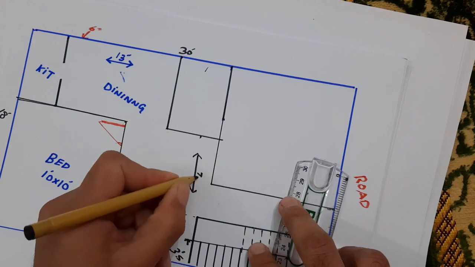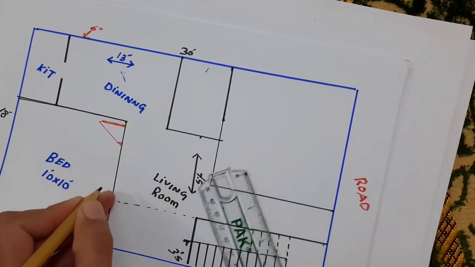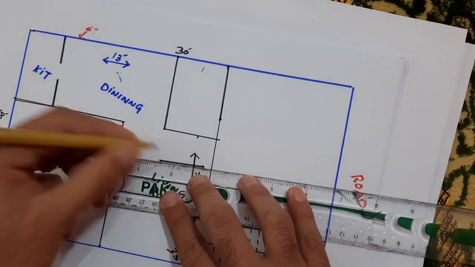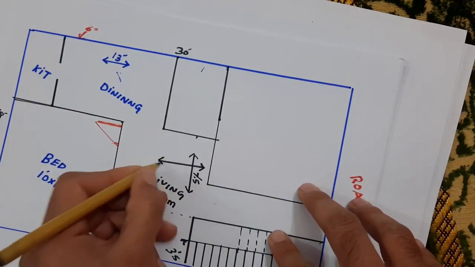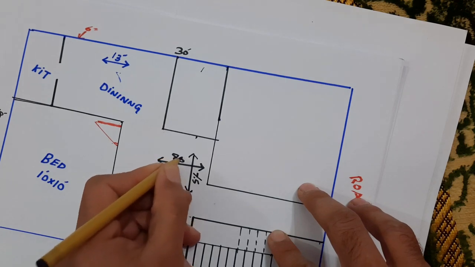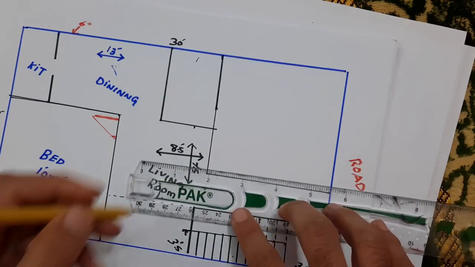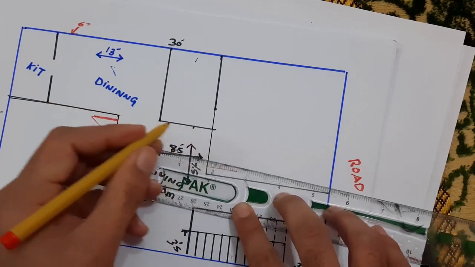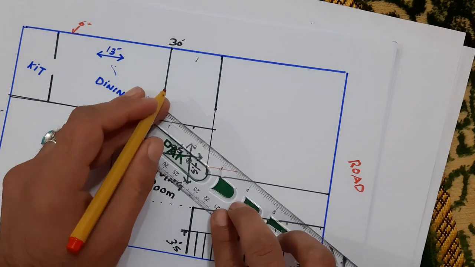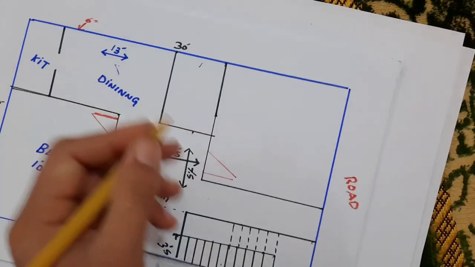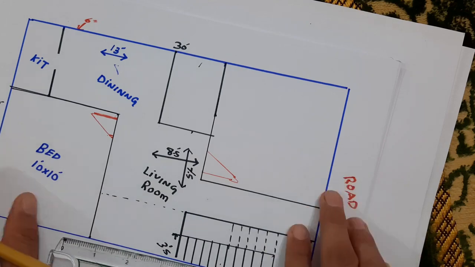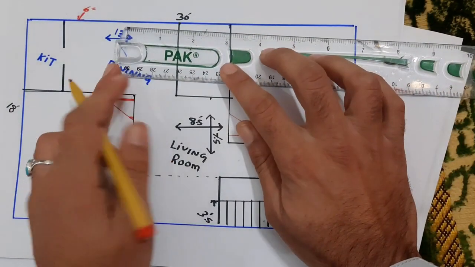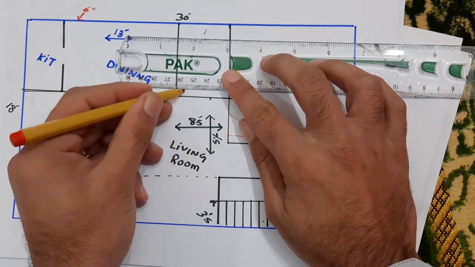This is 7.5 feet, and here this is 8.5 feet. Here guys, this is for this bedroom. This is the door. Okay, here this is a toilet plus bath.